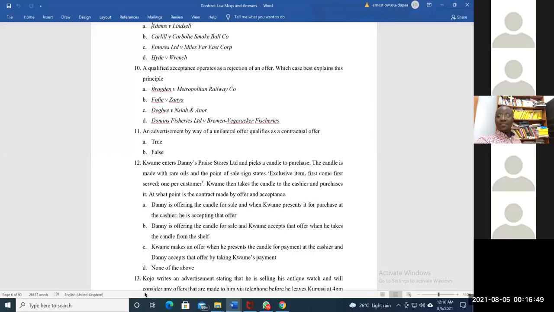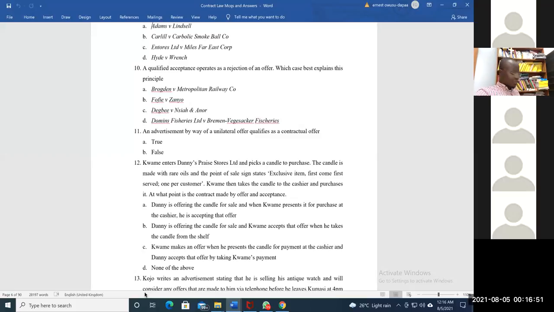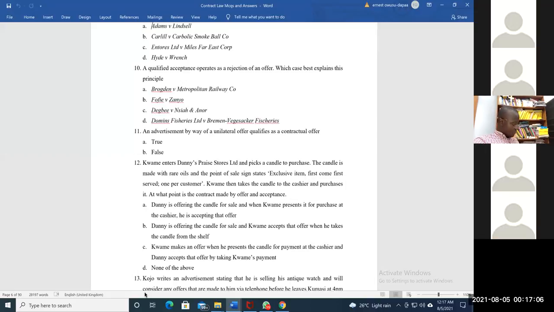Okay, then Foakes and Beer, what principle was decided? I think it's the Battle of Forms. Can you explain in what respect? It's about the party who gives the last shot.